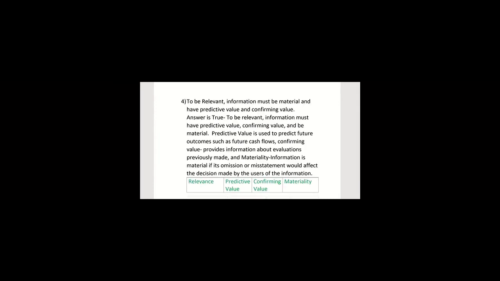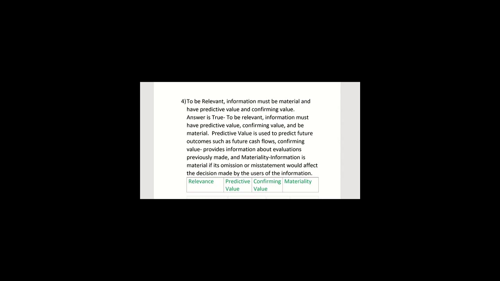Number four, to be relevant, information must be material and have predictive value and confirming value. That is true. To be relevant, information must have predictive value, confirming value, and be material. Predictive value is used to predict future outcomes, such as future cash flows.